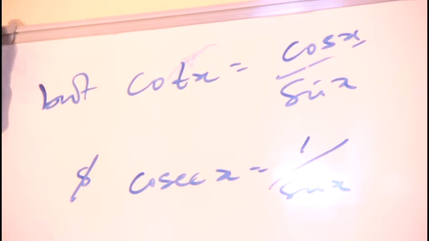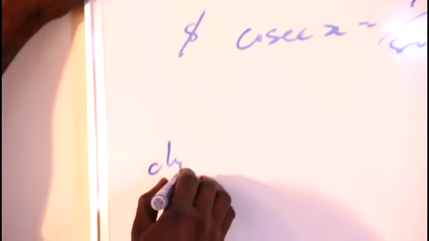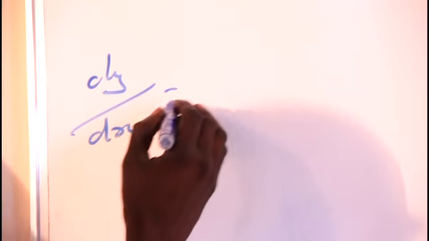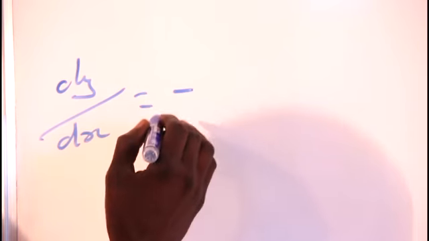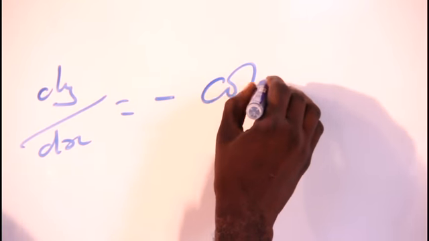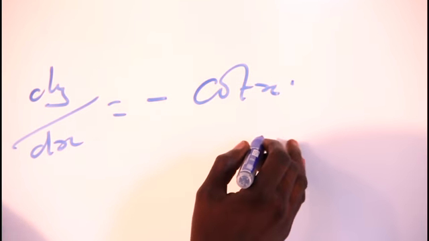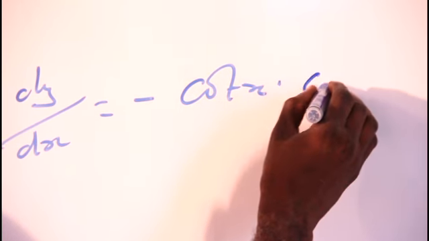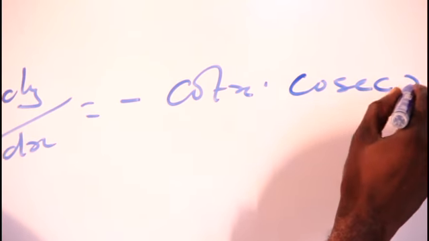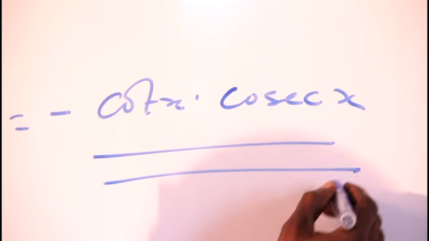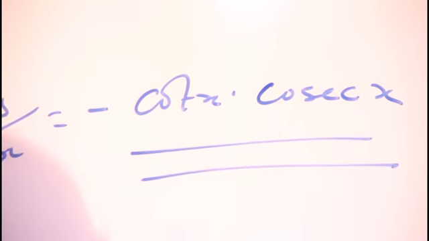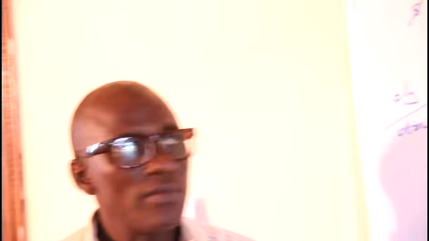Now when we substitute there, finally our dy over dx will be equal to minus cot x times cosec x. This is our derivative. By implication, we're through with this, then we'll go into another aspect of it.